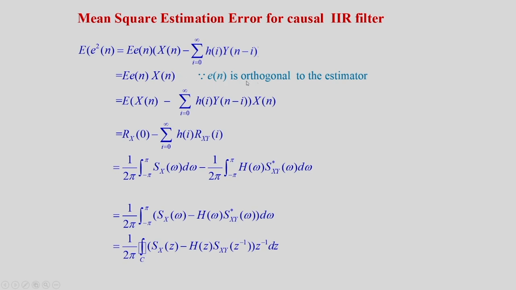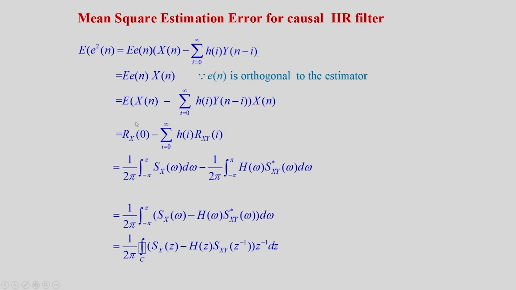Using the orthogonality principle, this is equal to E of e(n) into x(n). Again expanding e(n), we get E of x(n) minus summation h(i) into y(n minus i), i going from 0 to infinity, into x(n). After taking the expectation, we get E of x(n) into x(n), that is Rx(0), minus summation h(i) into Rxy(i), i going from 0 to infinity. So, this is the mean square error of estimation.